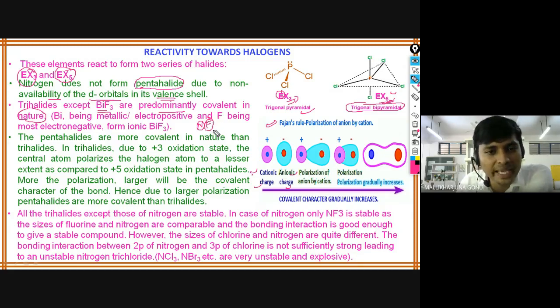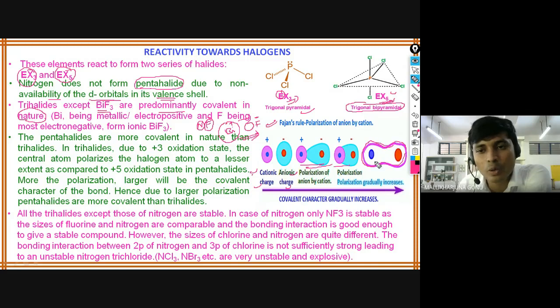But if you go to BiF3, Bi is the bigger size and the other one is the smaller size. Due to that, F will clearly have the minus charge and Bi will have the plus charge. So the sharing electrons are taken by F minus. Due to that, it will have ionic character. But if it has the same type of sizes, they can properly overlap and polarization can be taken.